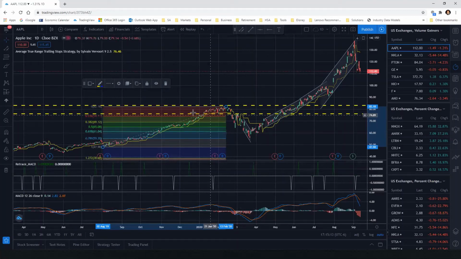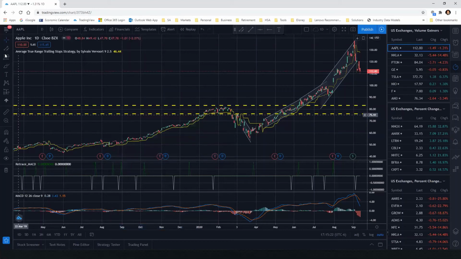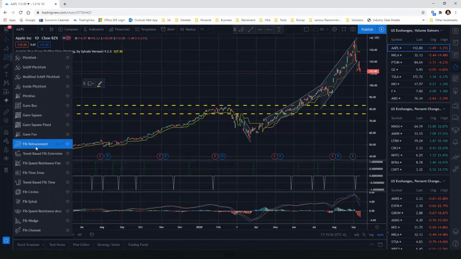And you can also time this one in a way: where do I take my profits? So if you remove this one, there should be another one for extension. Trend-based extension, maybe this one.